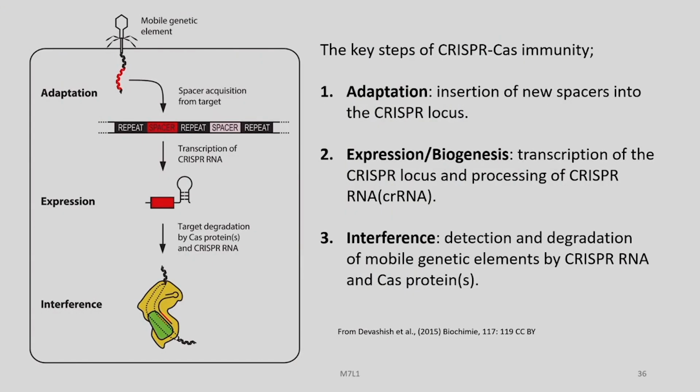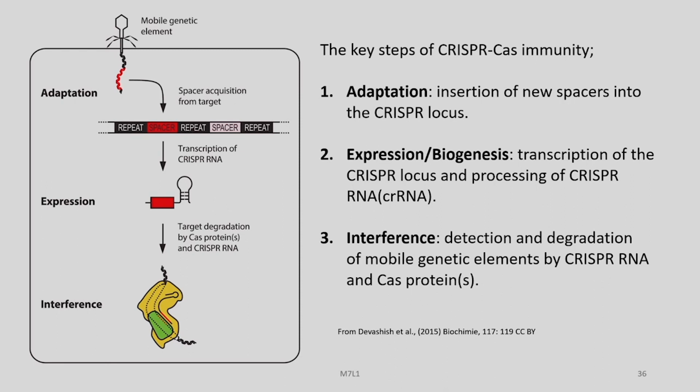And in the expression and biogenesis stage, the transcription of the CRISPR loci and processing of CRISPR RNA takes place, and this is again dependent on the class and type, which we have discussed. In certain types Cascade will be involved, in certain other types Cas9 will be involved, and so on. In interference also there will be variability.